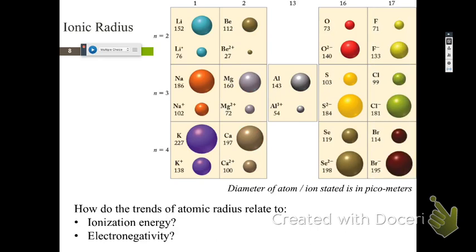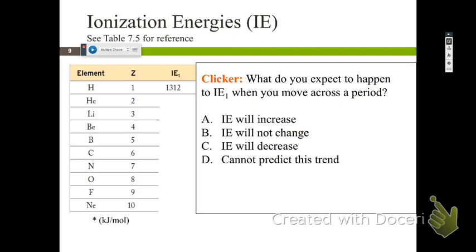So the trend I want to highlight here is that going from neutral to +1, we're always going to get smaller because we're taking electrons out of that outermost shell. If we're adding electrons, we're going to be increasing the size of the volume in which we're likely to find those electrons. Beryllium acts the way you'd expect at least. Yeah, it's a lot smaller. Not sure what the deal is with lithium.